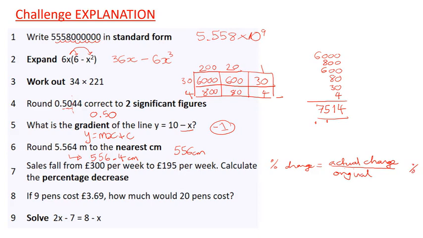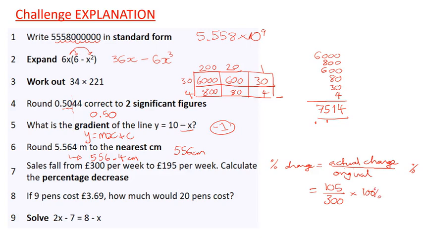So percentage change here, my actual change is 300 minus 195, so that's £105 is my actual change, £105, compared to my original of £300. The percentage decrease, I want to turn this into a percentage, so I'm going to times this by 100%.